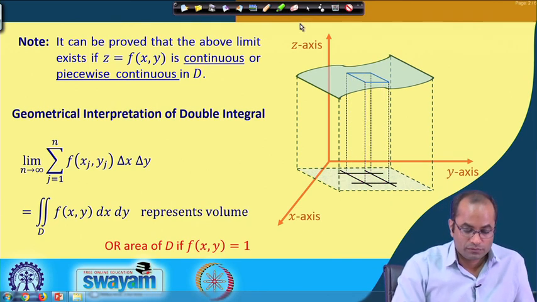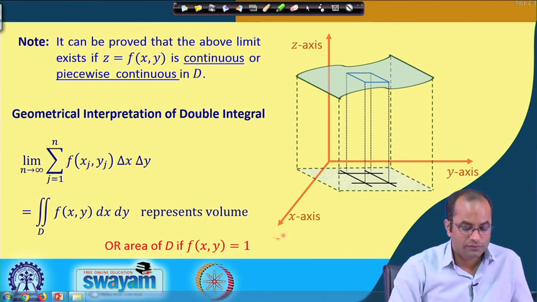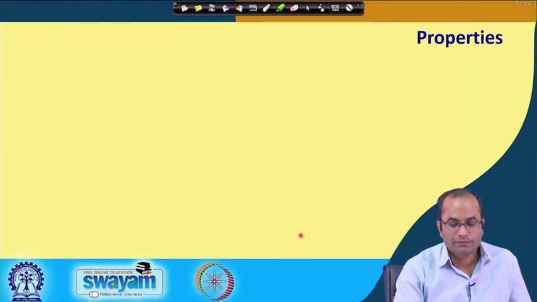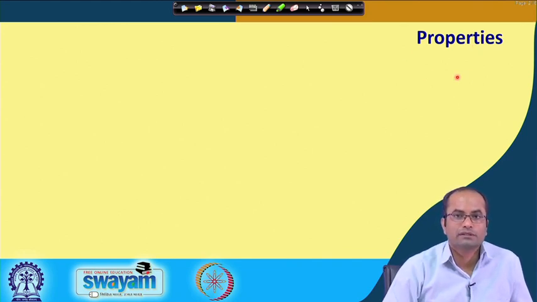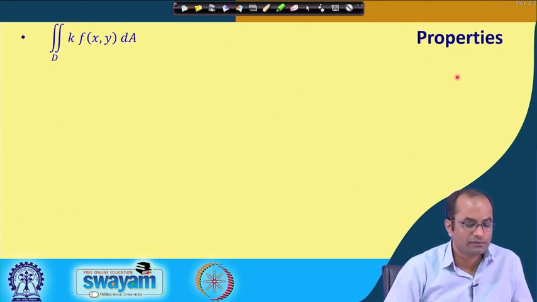Well, coming further now to the evaluation part. Before we go to the evaluation, let us discuss some properties of the double integral. Similar to the single integral, we have more or less the same properties for the double integral as well.